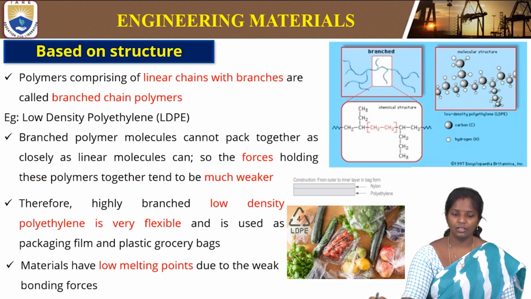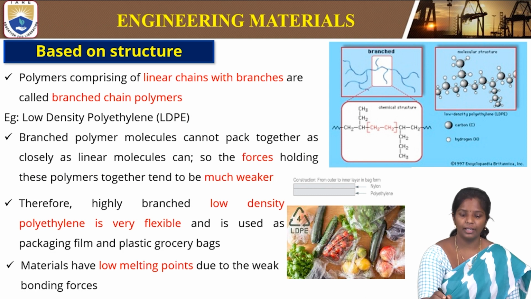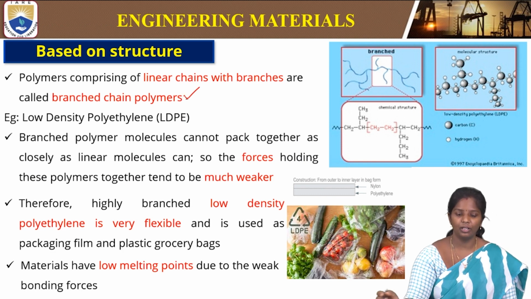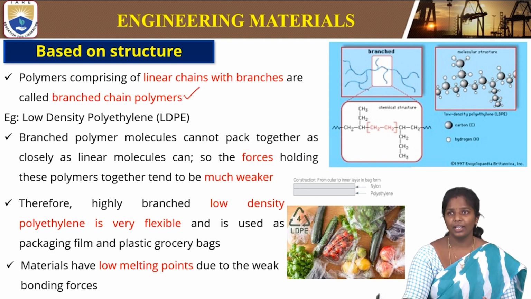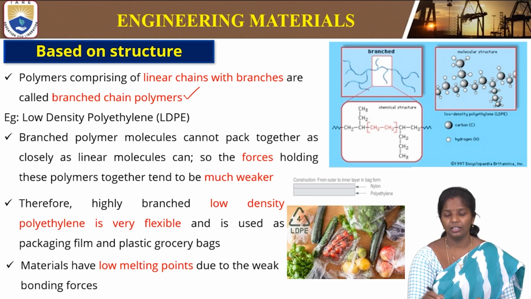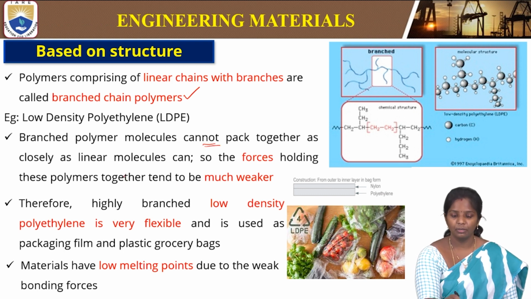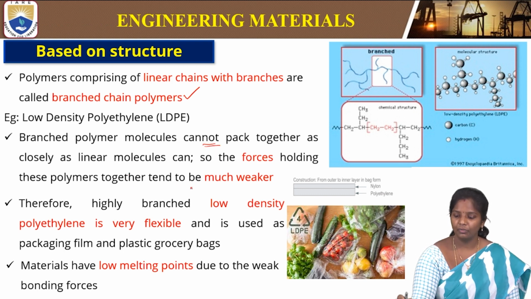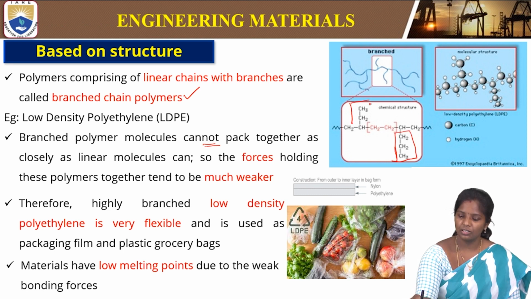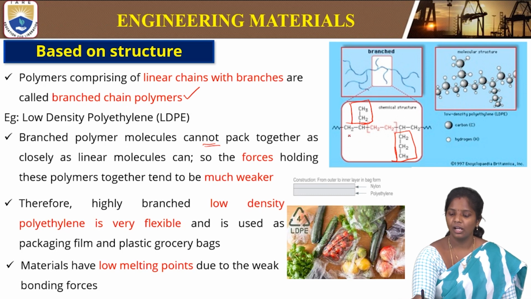Then, based on the structure, there are branch chain polymers, wherein the linear chains have branches. The branch chain molecules cannot pack together because the group forming has a branch structure. This branch structure always lies above the main chain.